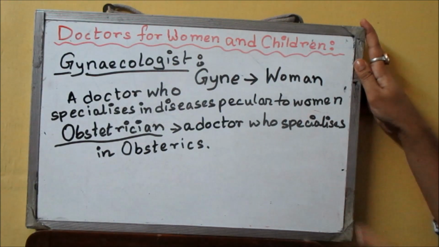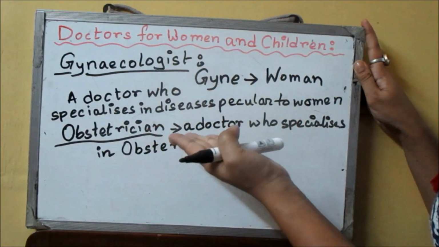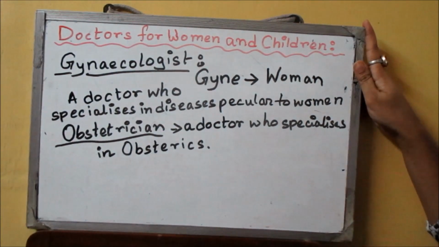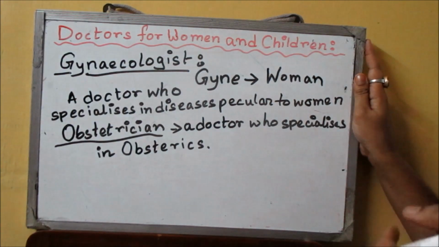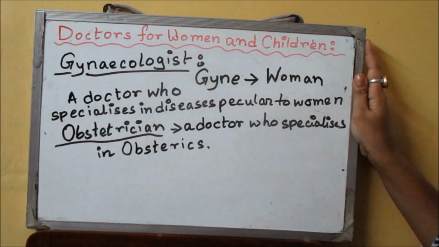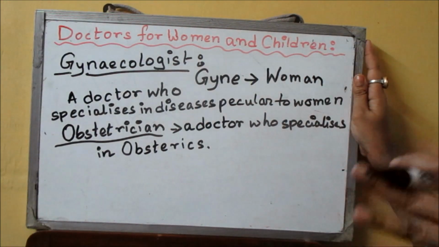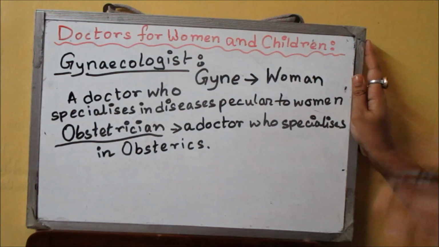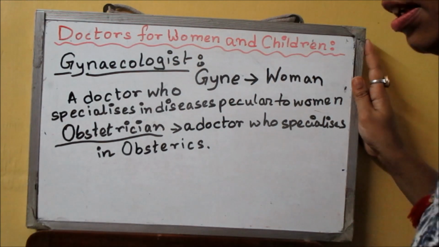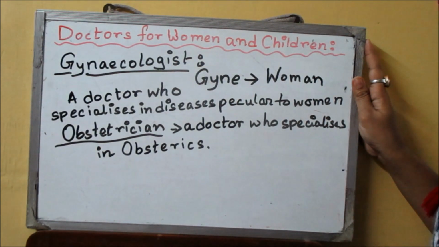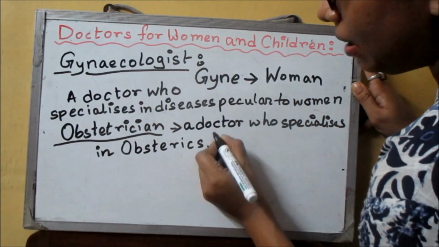Okay? So what is the difference between a gynecologist and an obstetrician? The difference is not very much. In India, if we go to a gynecologist, we often find that the doctor has both the qualifications of a gynecologist and an obstetrician. So we don't have to really face any issues about consulting different doctors for the different situations. Now, these obstetricians also specialize in childbirth.